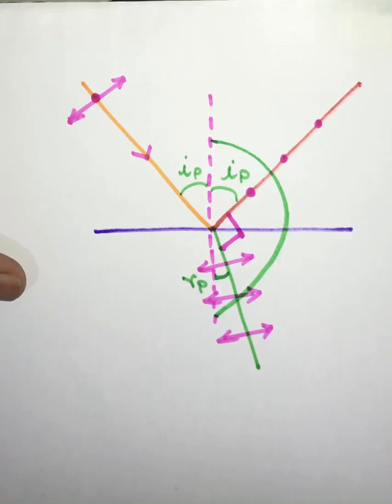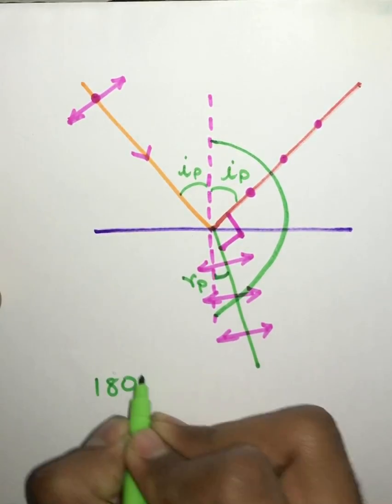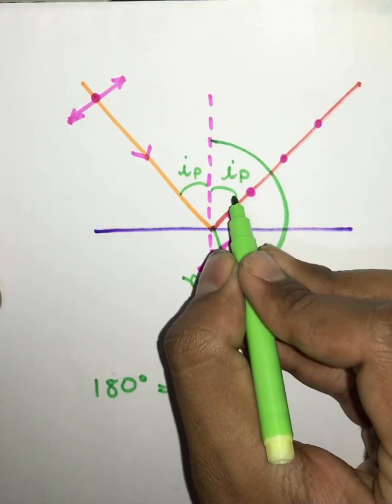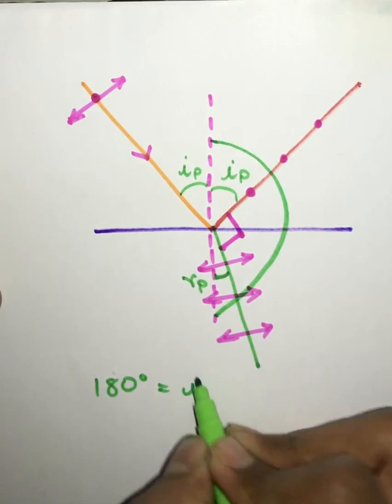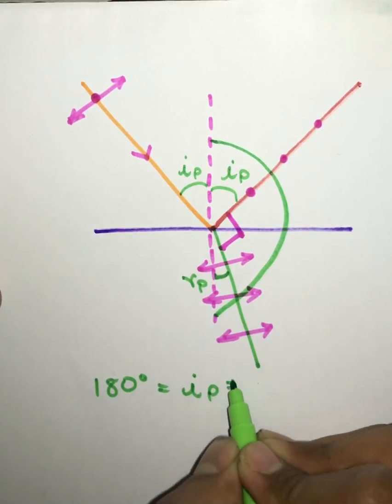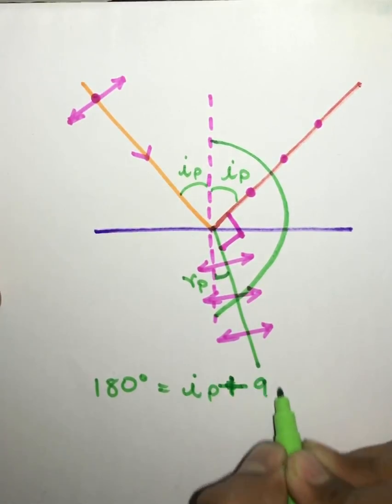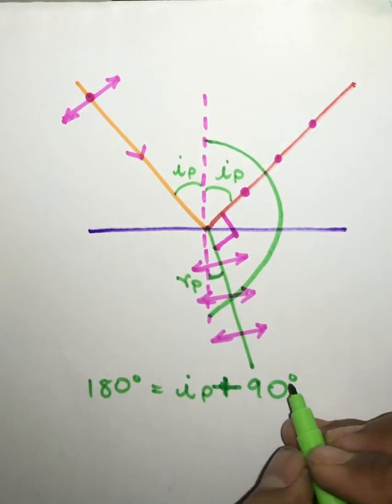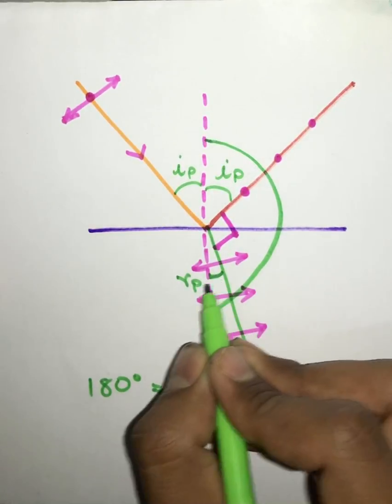Now if you see this whole angle, this is nothing but 180 degrees, and this 180 degrees consists of this IP, this 90 degree angle, plus this RP.